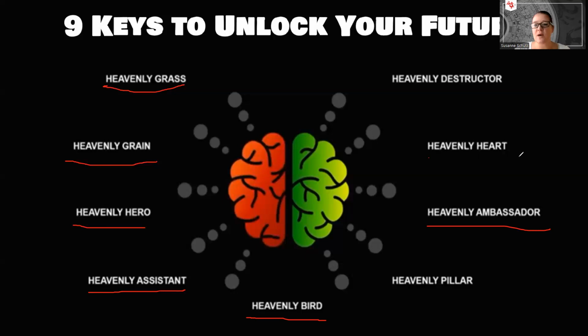Now, the next one is the heavenly heart. They are usually all about specialization. They need to find something in life they can become an expert or a specialist in. They make great problem solvers and consultants. So again, find something that you're really, really passionate about. Even if that's a hobby, it doesn't matter. Find something that you're passionate about and then become an expert in that subject matter.